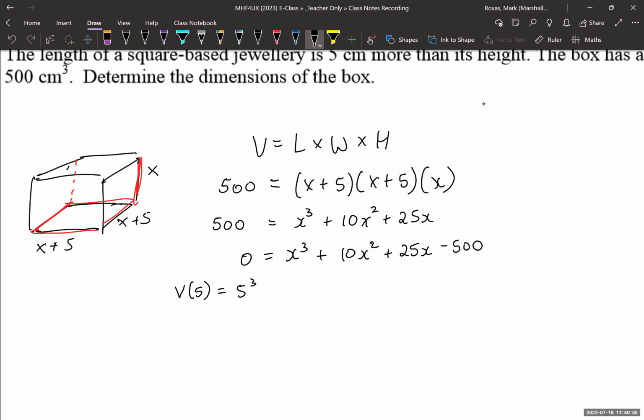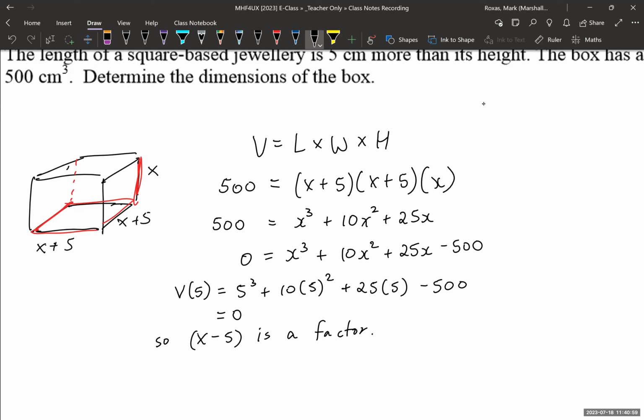So 5 cubed is 125, plus 10 times 5 squared is 250, plus 25 times 5, which is 125. That adds up to 500. And when you subtract 500, you get 0. Okay, so x minus 5 is a factor.